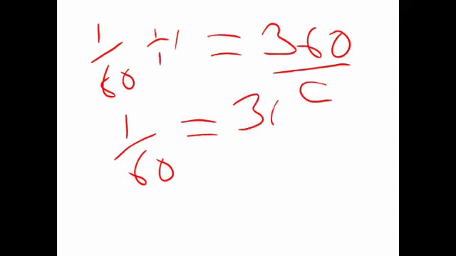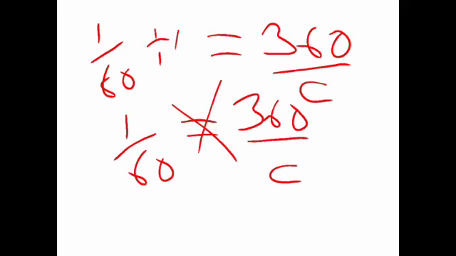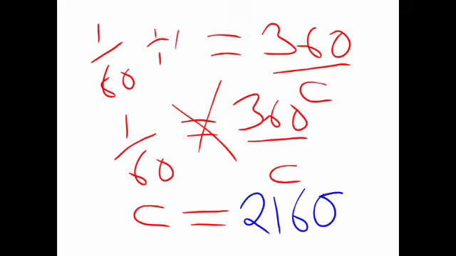Then we can cross multiply. So c multiplied by 1 is c. That should be equal to 60 times 360. That is going to give us 21,600 nautical miles.